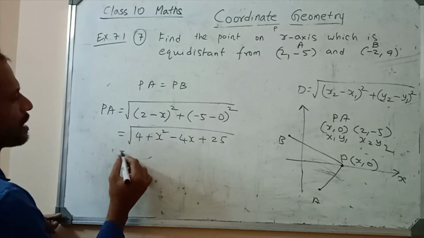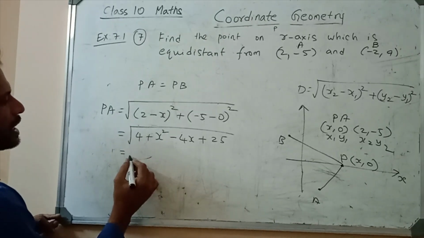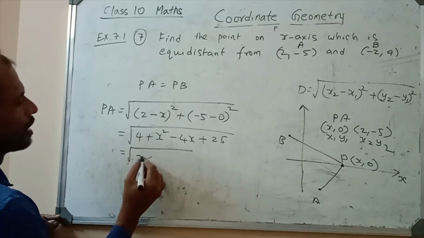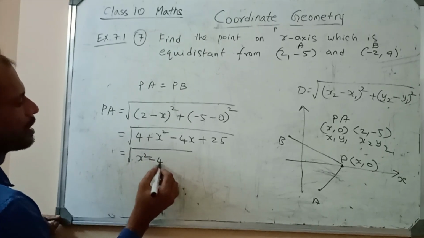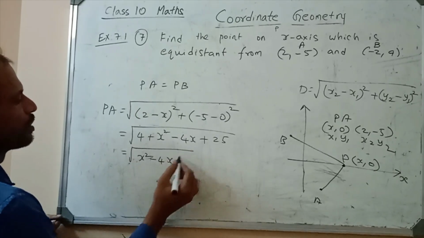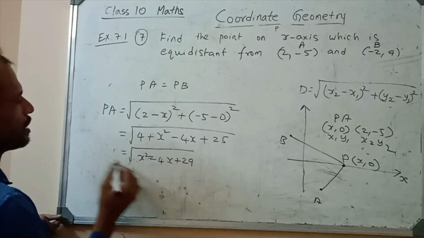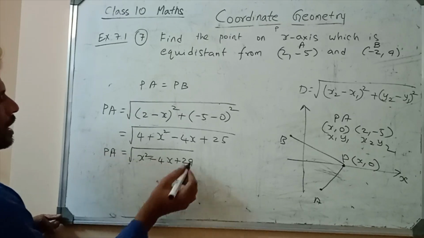Simplify it: x square minus 4x and then 4 plus 25, 29. So keep that PA as this.